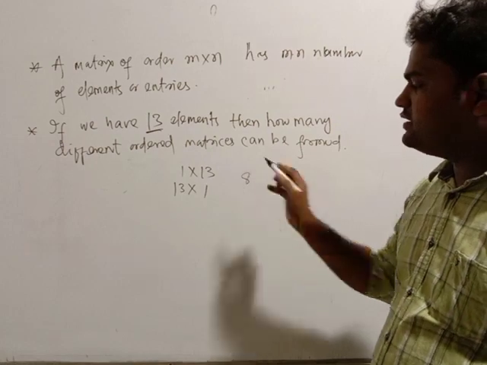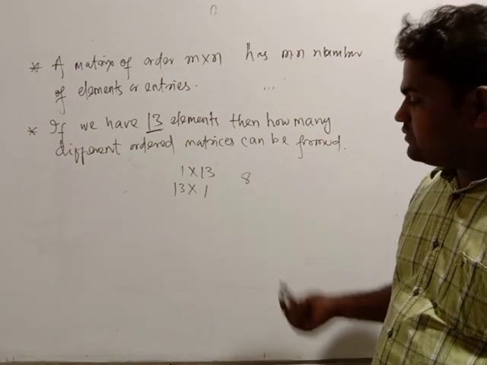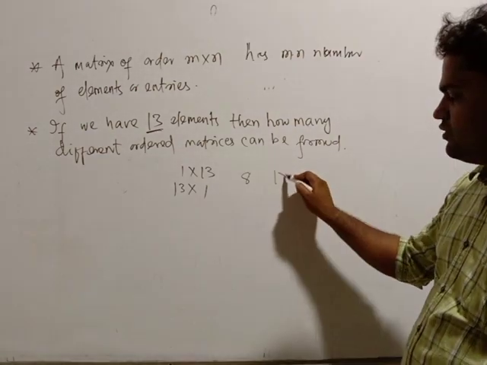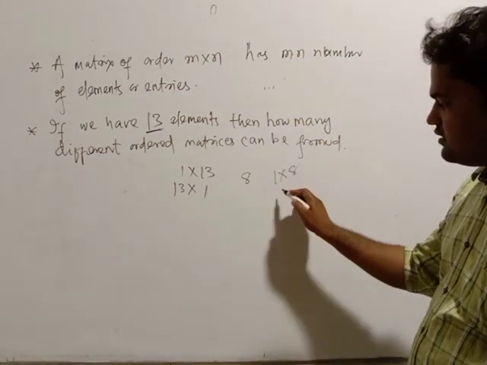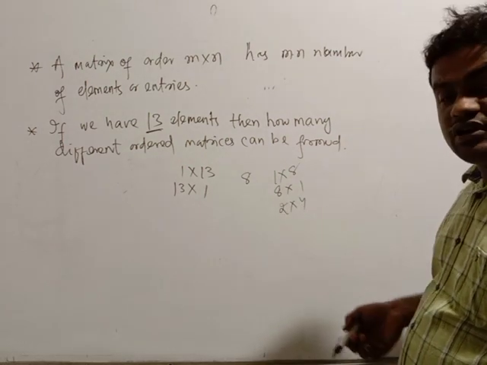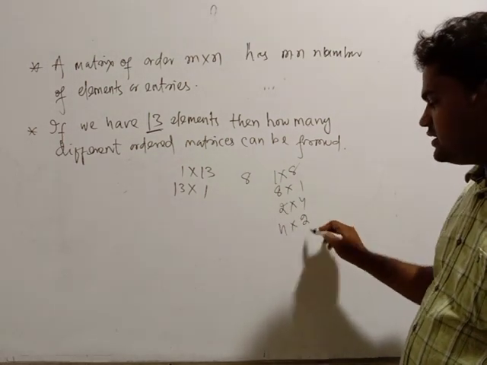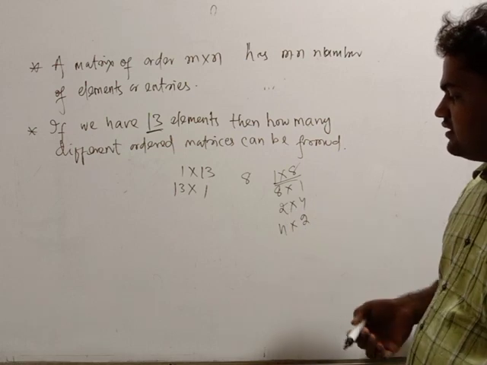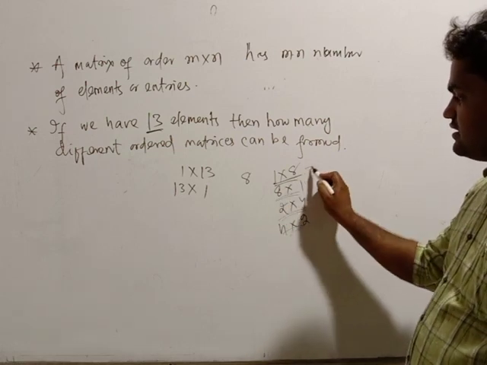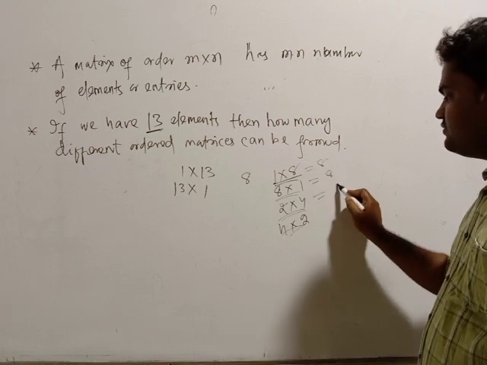If we had 8 elements, then we can make a 1 by 8 order matrix, or 8 by 1 order matrix, or 2 by 4 order matrix, or 4 by 2 order matrix. Look at it, all ordered matrices have the same 8 elements.